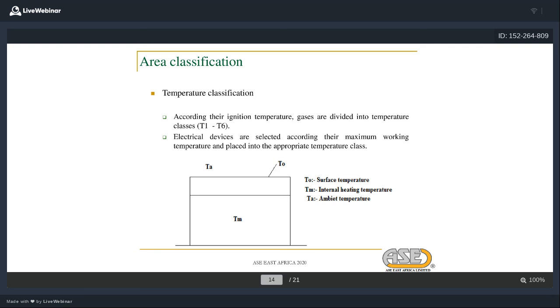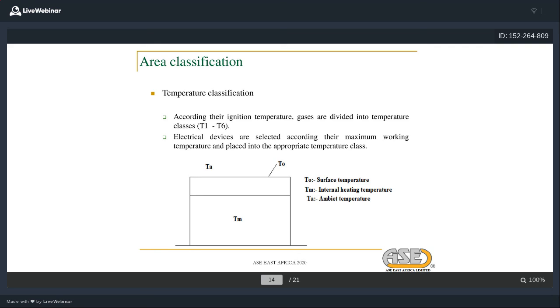So we are talking here about temperature classification. We are not talking about ignition temperature or flash point. We are talking about the temperature of the device. Let's think this is the device. And this is the ambient temperature or environmental temperature, the temperature in which this material is available.